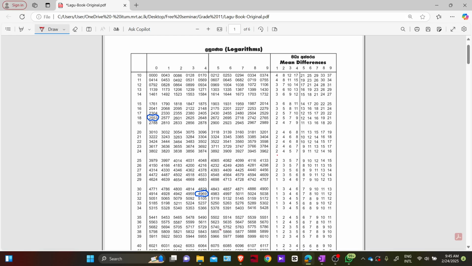5862 is not there. 55 is there. To obtain 62, 7 is remaining, right? Now 7 is here. Now grab those two places. This is 5. This appeared as 38, but the real value is 3.8, right? Okay. So the answer for 0.5862 is nothing but this is 3.8, then 5, then 6, right?